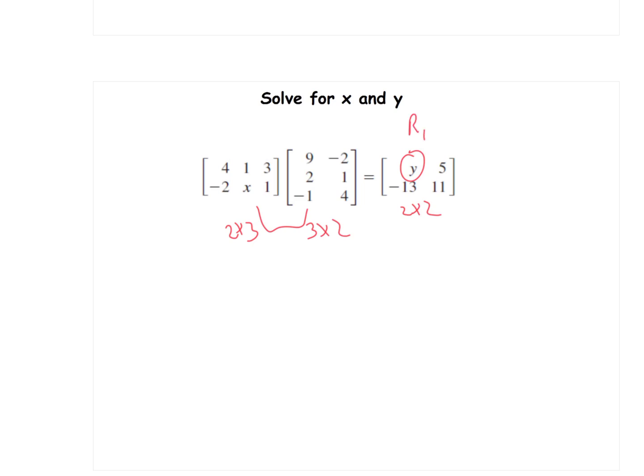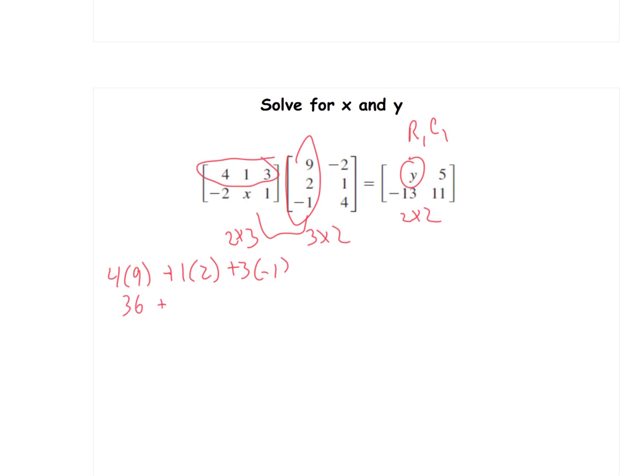The way I look at it is this is row 1, column 1. So I'm going to take row 1, column 1, and I'm going to work that out. And I'm doing row 1, column 1 because y is in the row 1, column 1 spot. So there's 36 plus 2 minus 3, 38 minus 3. We get 35. So right there is 35.